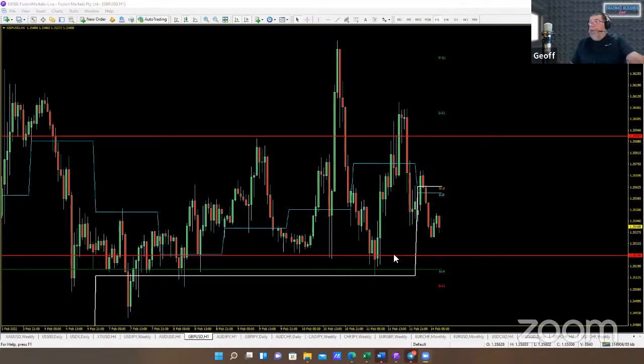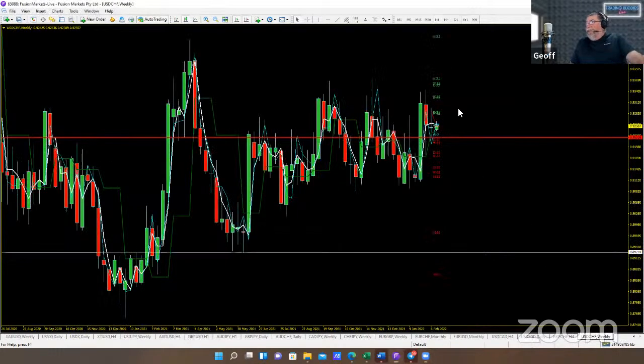All I see are false breaks to both sides. I see no reason why that is about to change. Our range from Friday is pretty massive, and it shows false breaks of both sides of that range. So it's a no from me today on the pound breakout trade.